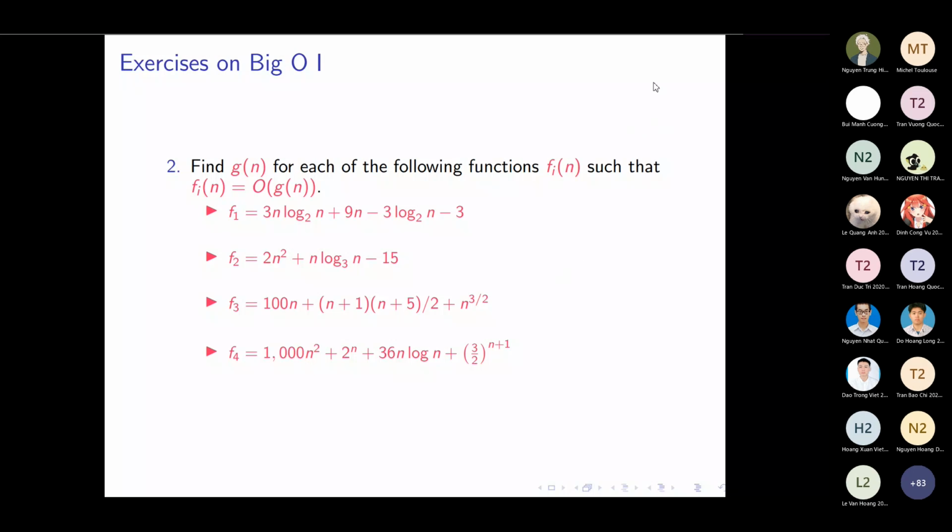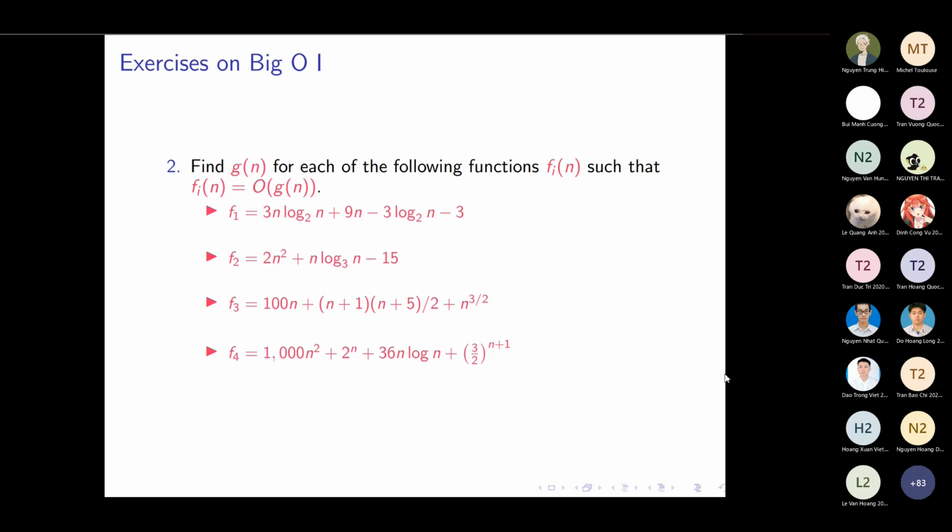When we find the g(n), the big O of g(n), we have to do what Trung and Lương did before. I think we should define the growth rate of the function when n goes to infinity.